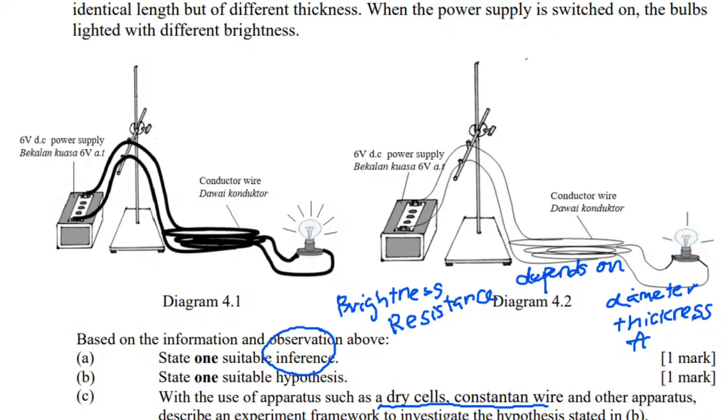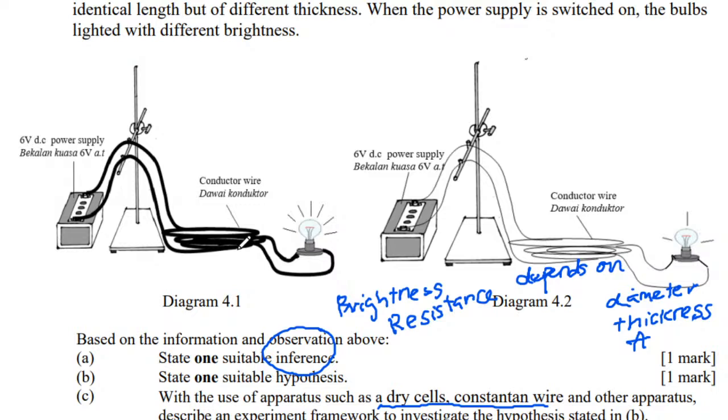Yes, semua betul. Comrade, both resistance and brightness. Yes, can. This is only for the inference. Okay, only for the inference we accept the word brightness. So you can write brightness of the bulb depends on the diameter of the conductor. Only for inference.